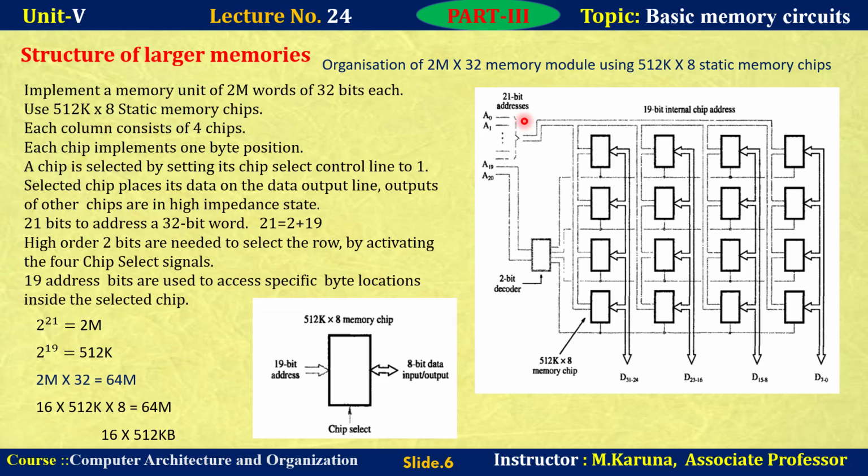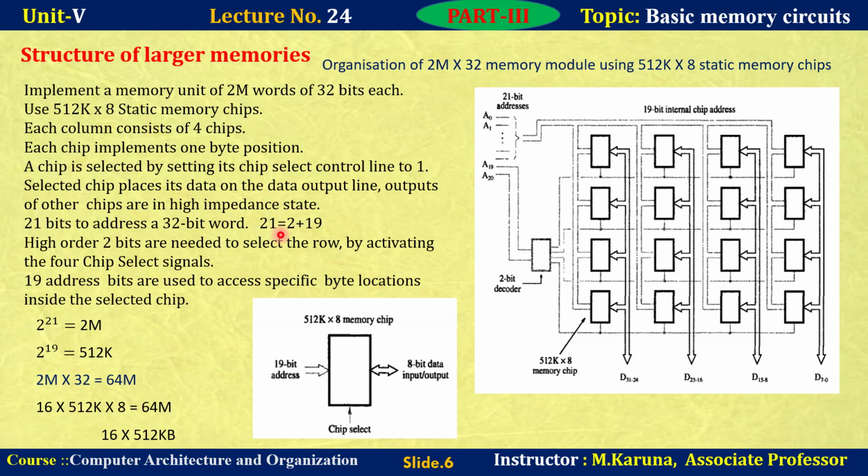First, the lower order bits A0 to A18 can be used to address the 512K locations of the 512 KB memory chip. Next, the higher address bits A19 and A20 are used as two input lines of a 2-bit decoder. So the decoder inputs are 2 bits and outputs are 4 bits. We get 4 combinations, and these 2 bits are used to select rows.